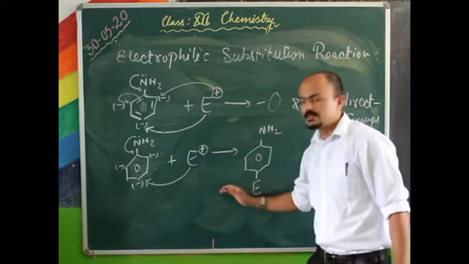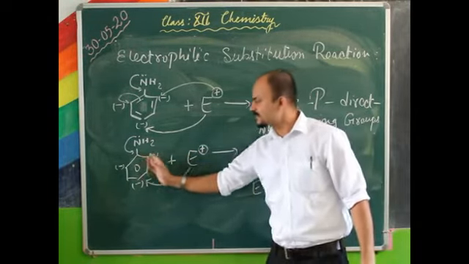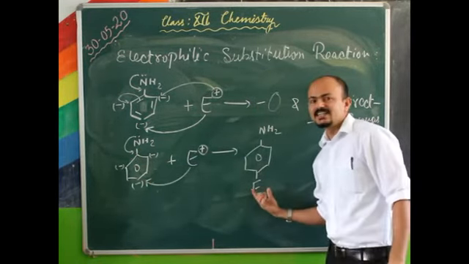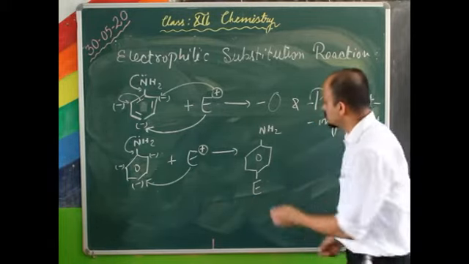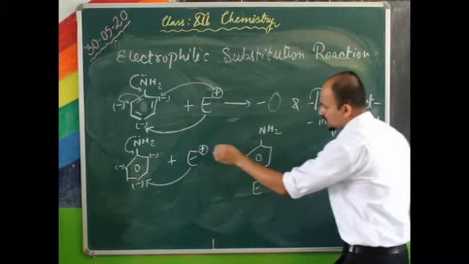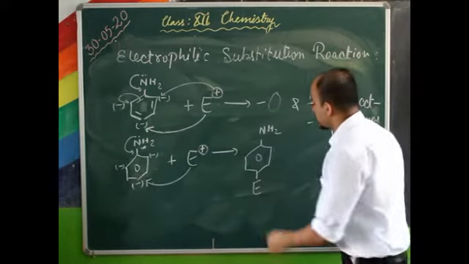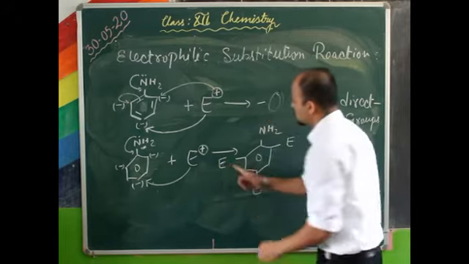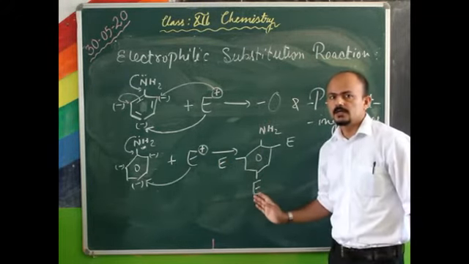Now this is mono substitution because only one of the places is occupied. Okay? Please listen to it very carefully now. Since the NH2 group activates this benzene ring so much, you don't only get this mono substitution. The NH2 group is such a strongly activating group that the incoming electrophile would come at all three positions, that is, the ortho positions and the para position.